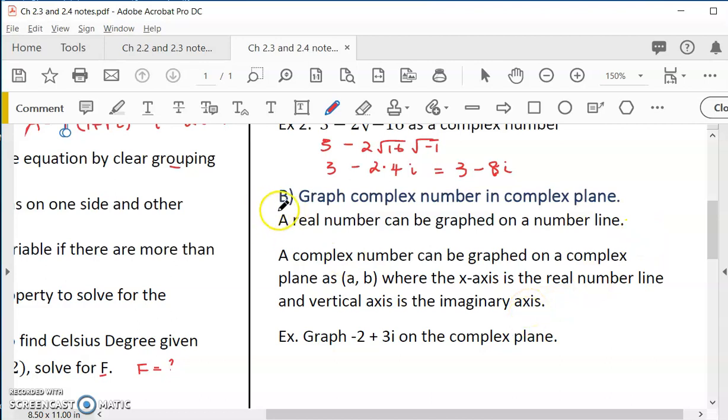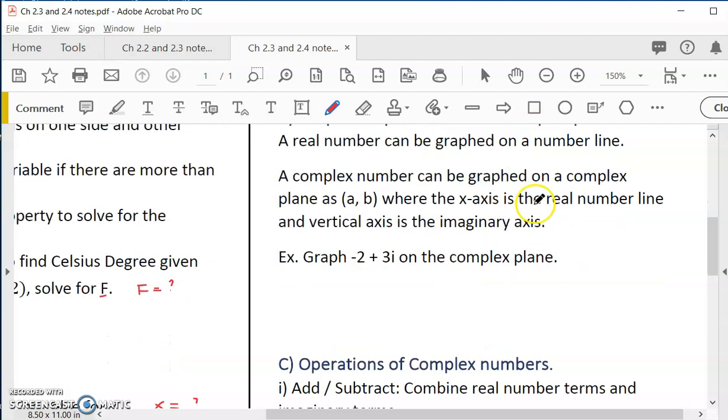The second part of this is to graph the complex number a plus bi in a complex plane. Why a complex plane? Just imagine if you have a real number like -2 or 5 or 6, you can graph it on a number line, right? A real number like 5 can be graphed on a number line. Where would it be?